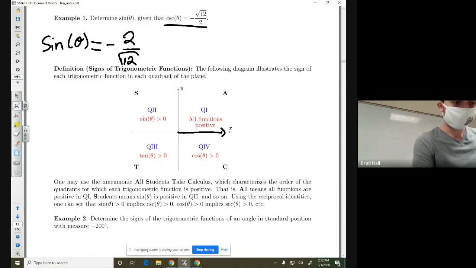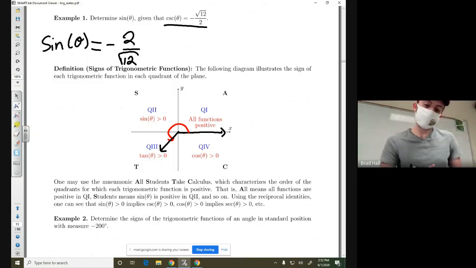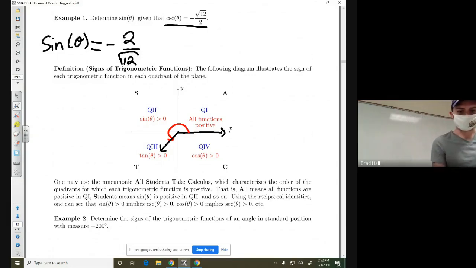Let's say the angle goes all the way, stop it here. So let's say we drew that. Then we could say definitively that tangent is going to be a positive value, which implies that sine and cosine will be negative values.